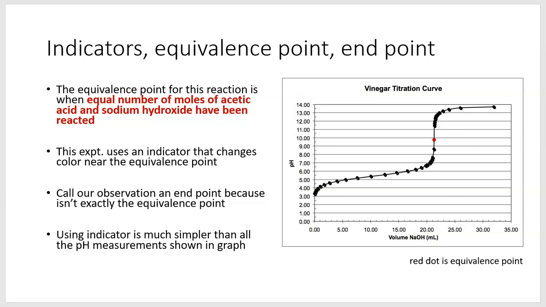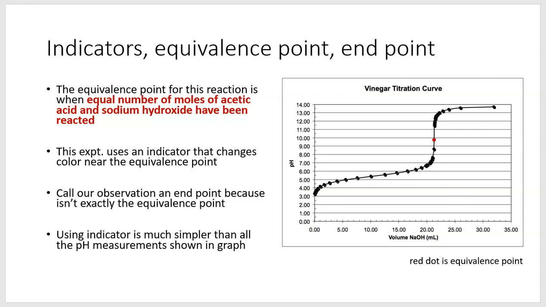You can see that the pH gradually changes at first up to about 20 milliliters, and then it changes very quickly, and then it flattens out again. The important spot we want, the spot where there are equal moles of acetic acid and sodium hydroxide, is that little red dot, and that's called the equivalence point.